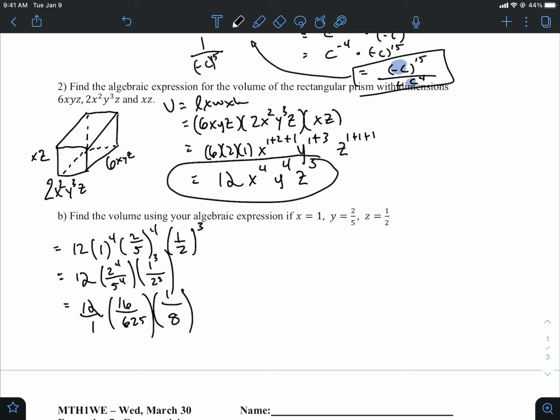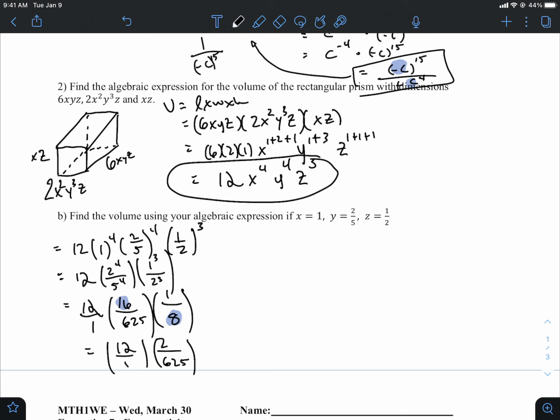If I was trying to do this without a calculator, like maybe you should try wherever you can, erring on the side of caution because you don't want to make a silly mistake, something like 16 divided by 8 is an easy one. Would everybody agree? 16 divided by 8 is just 2. So those are going to cancel each other, and you're left with 12 over 1 times 2 over 625.